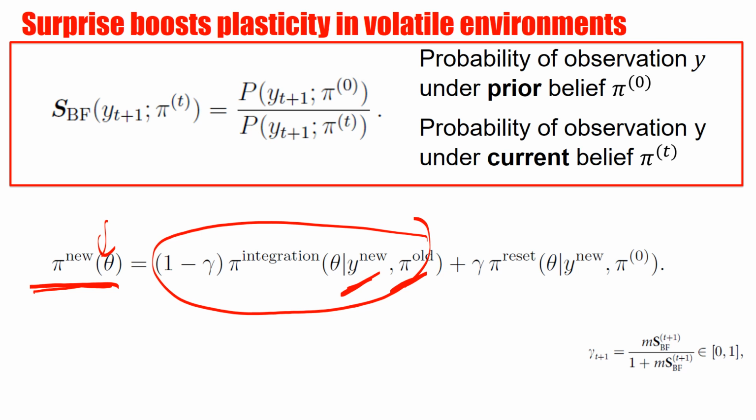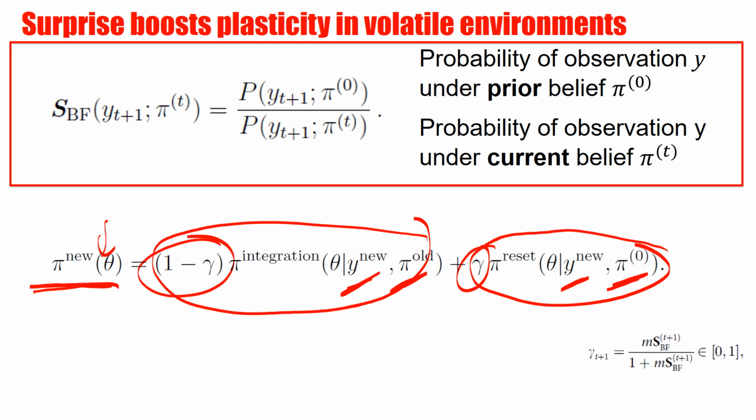That's this integration term. But we are in an environment where there are change points, so occasionally you should reset to your prior belief and use this new data point as the first data point. So you restart integration after a reset with this prior probability P0. And now you have two different terms, and you give them a weight gamma for the term with the reset and a weight 1 minus gamma for the other term.